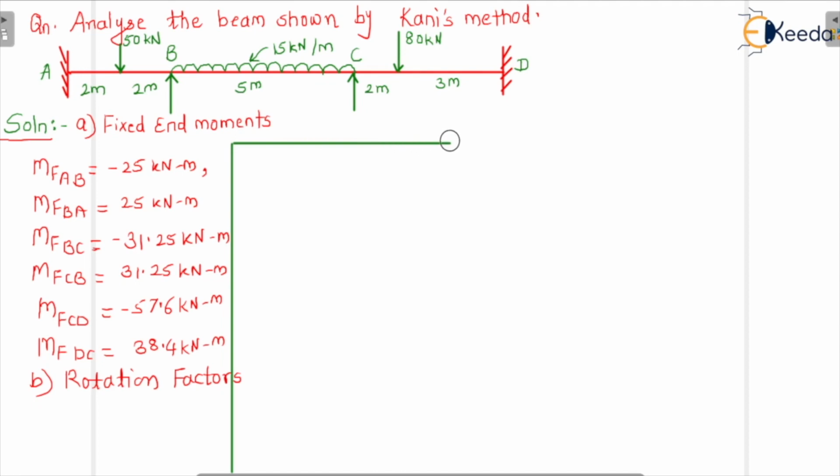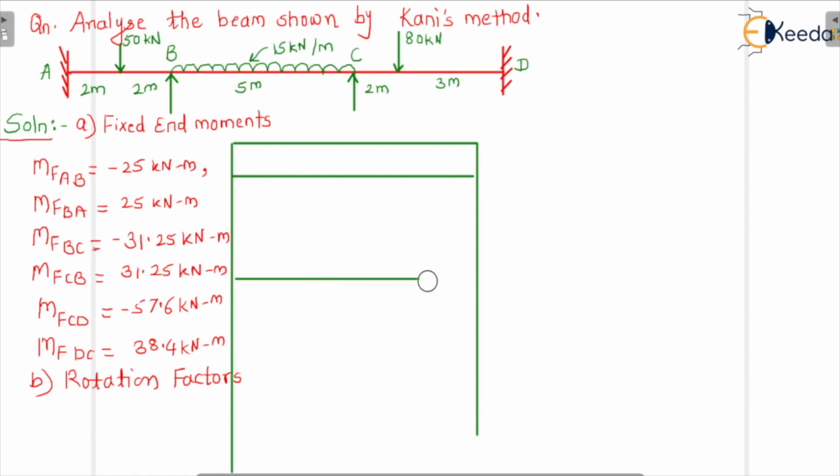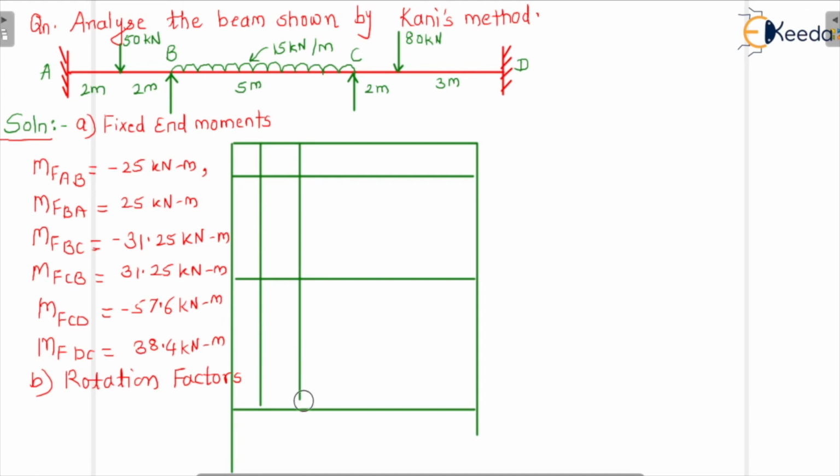So here, let me draw 1 2 3 4 5. For B support and C support we need some space. I'm making a table for distribution factors. Here we will write the support name, then the member name, then we'll use the relative stiffness formula, then do the summation of stiffness, and finally the rotation factor.